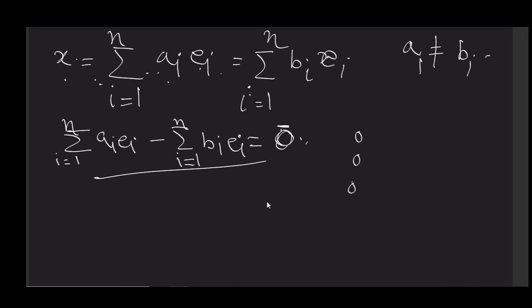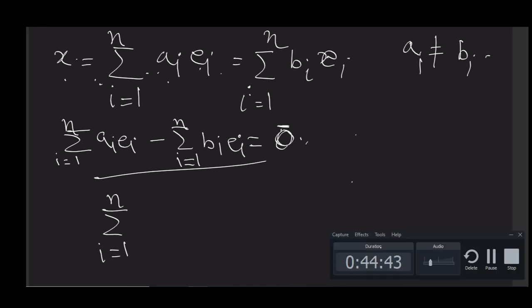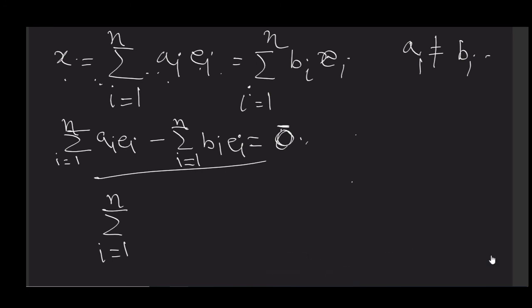Okay. Now what I am trying to say here, if that is the case, then we can see that it can be written like, using the property of, just a minute.